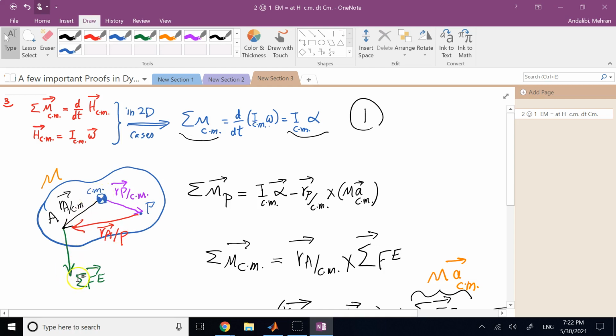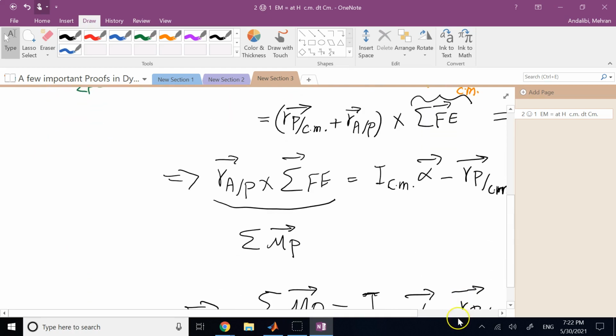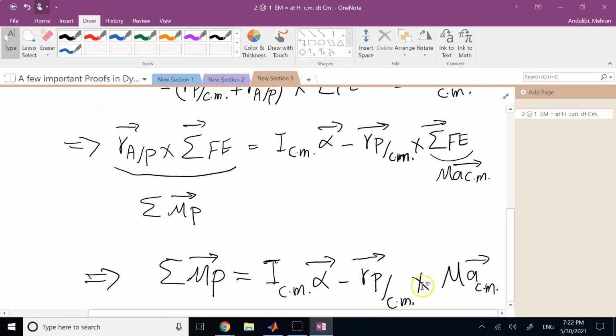There is a difference between the moment that these forces create with respect to Cm and the moment these forces create with respect to P. What is that difference? The difference is the position vector between P and Cm cross this summation of the forces, which is basically this second term you will see here.